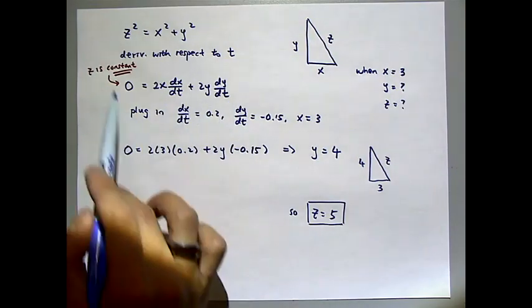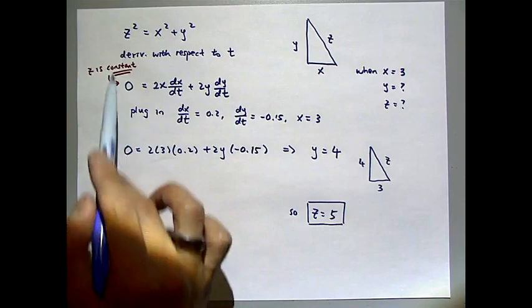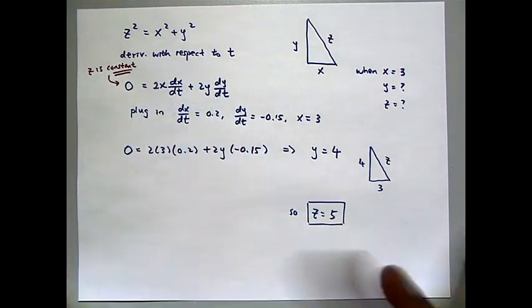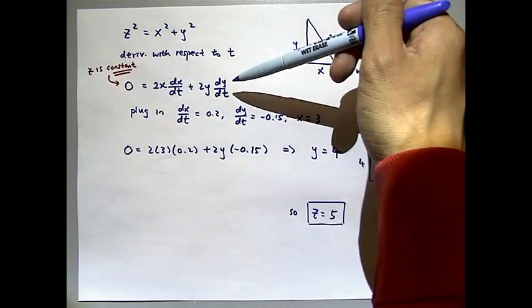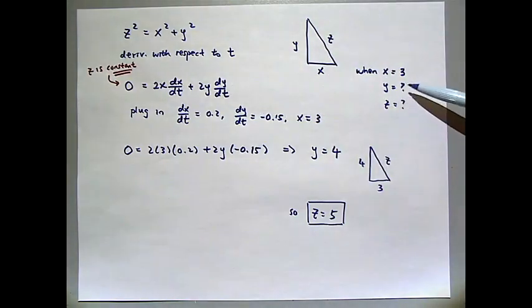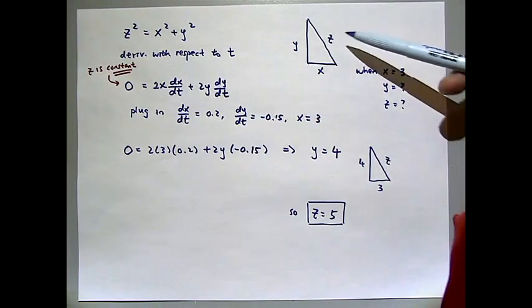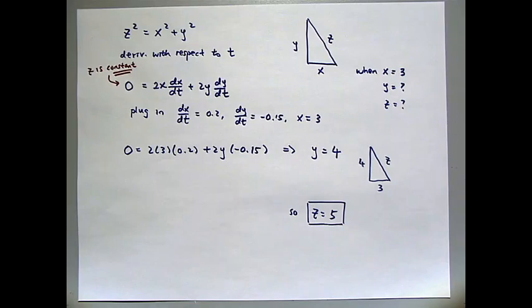Notice that z, the quantity we're looking for, actually disappeared here. We're solving for that indirectly after we took the derivative. But once we know y, and of course x, we know z. Okay?